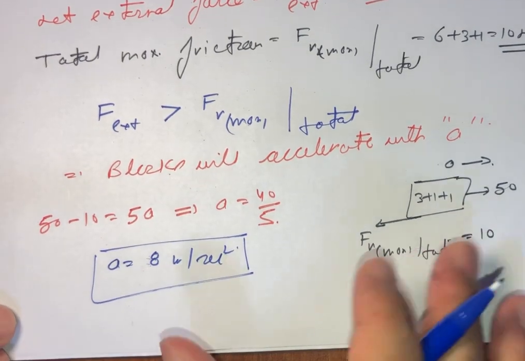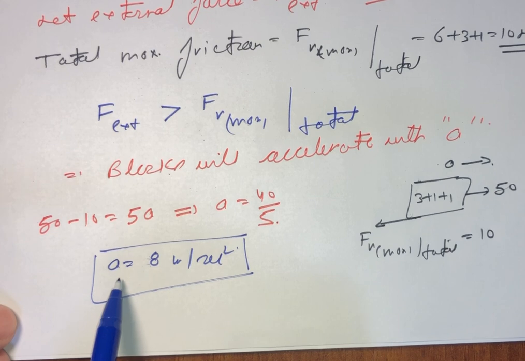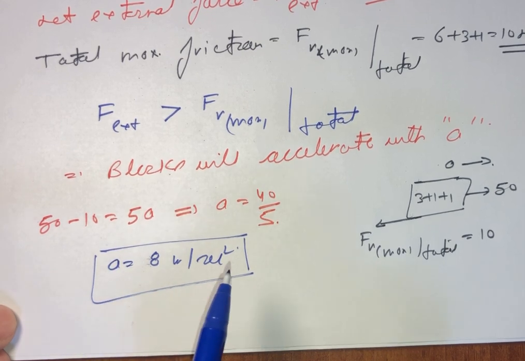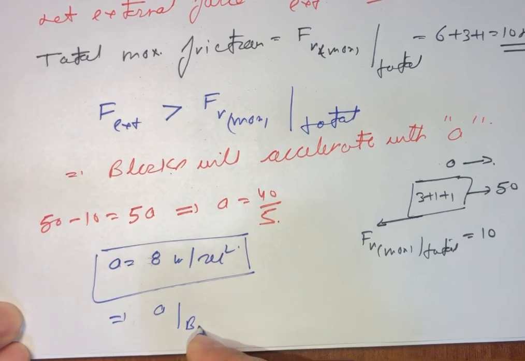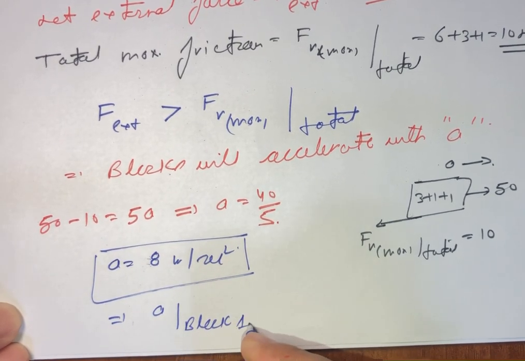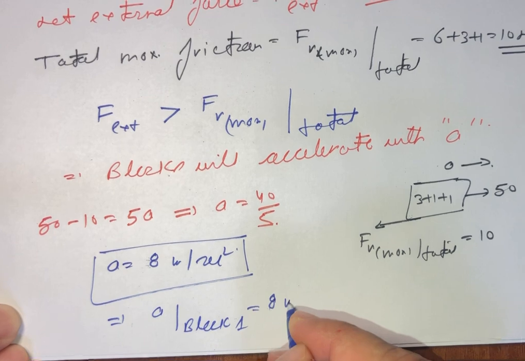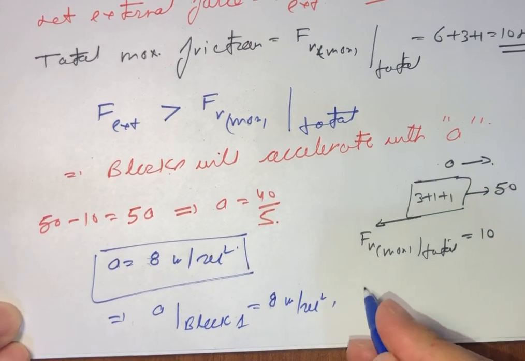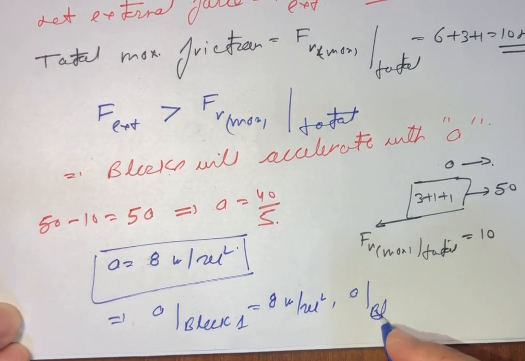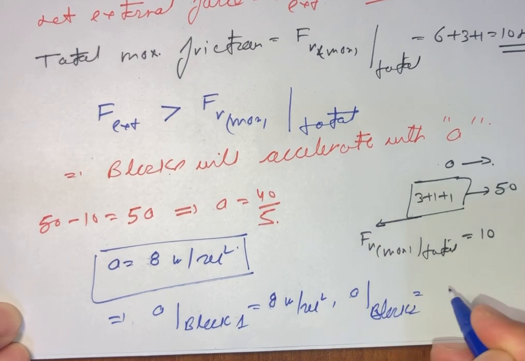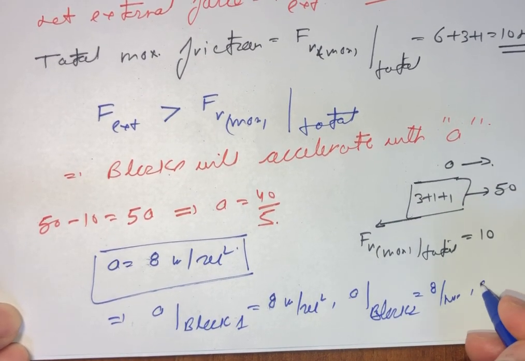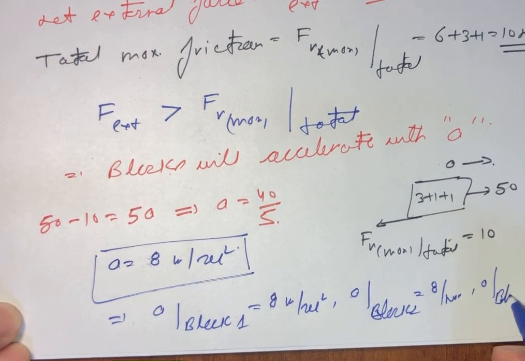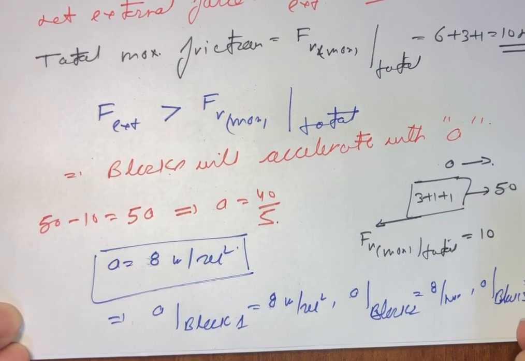Okay. So it means this will be the acceleration of block 1, block 2 as well as block 3. Acceleration of block 1 will be 8 meter per second square, acceleration of block 2 will also be 8 meter per second square, and acceleration of block 3 will also be 8 meter per second square.